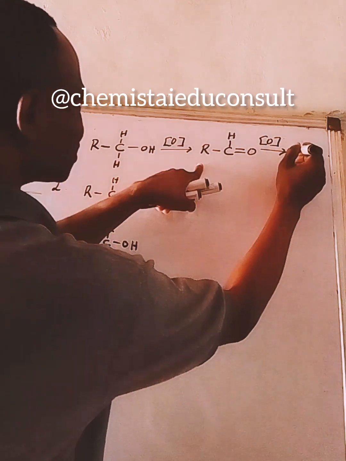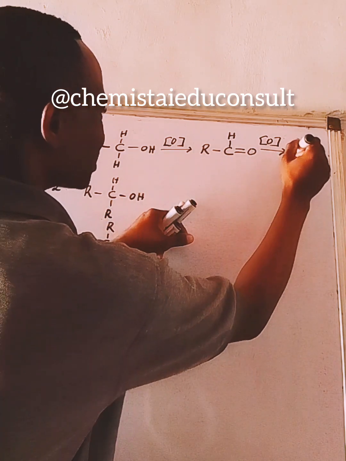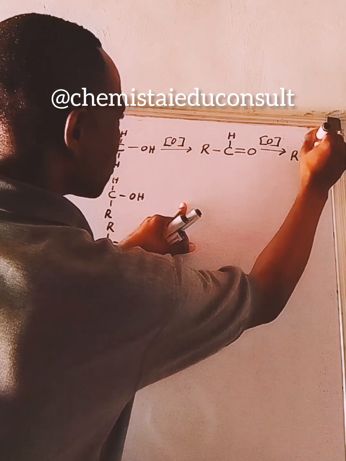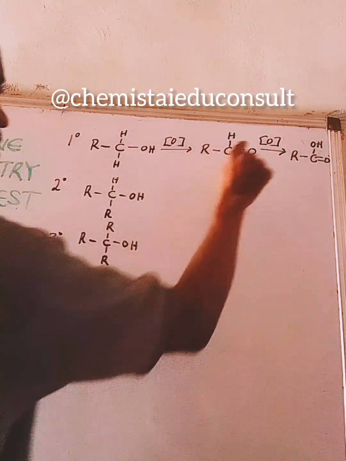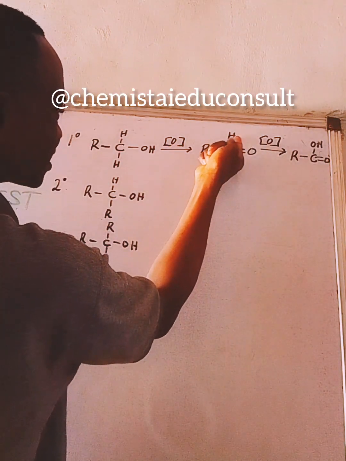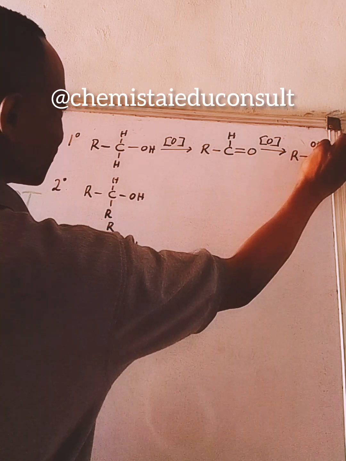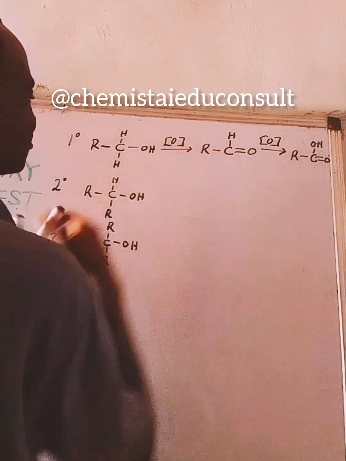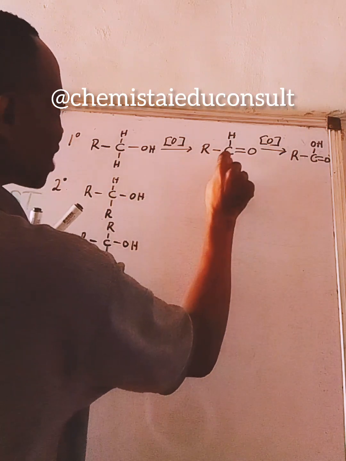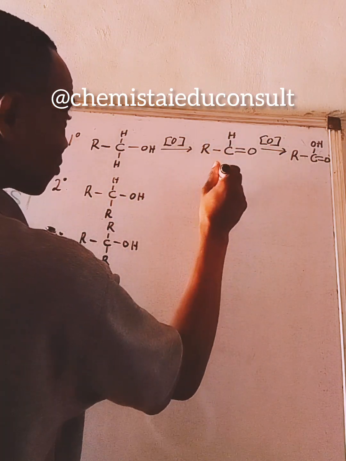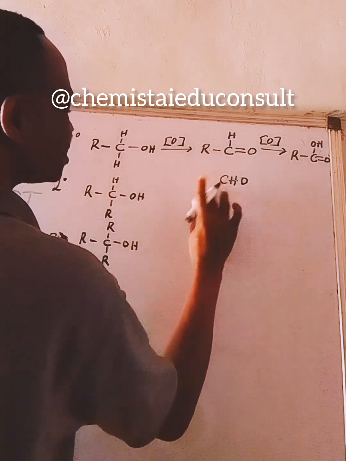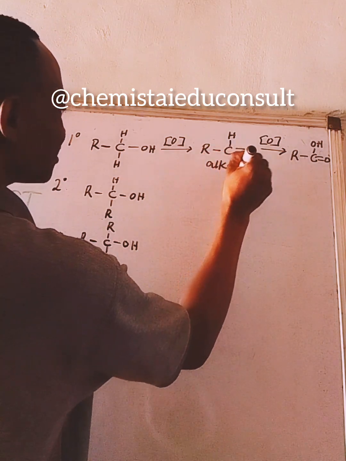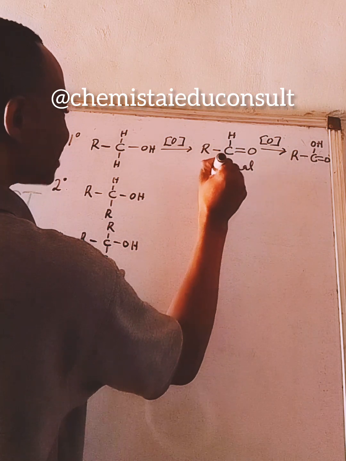This further oxidation leads to formation of RCOOH here. This O joins this H, and we have OH here. This double bond O remains there. This compound having this functional group CHO, remember the functional group CHO, is the functional group of alkanal or aldehyde.